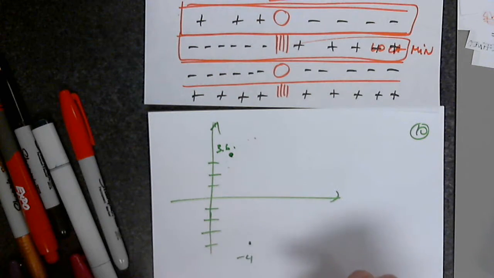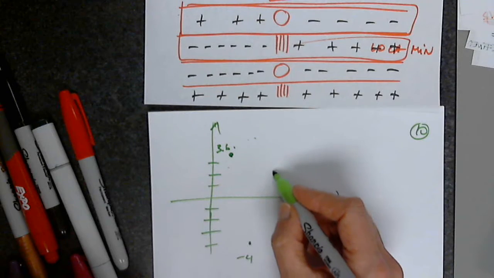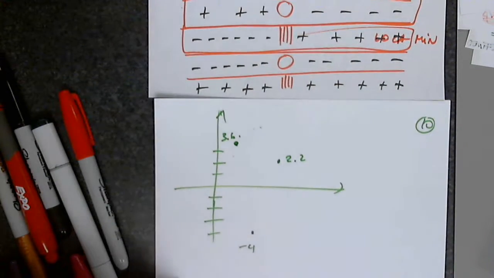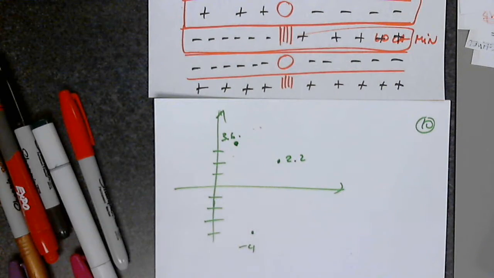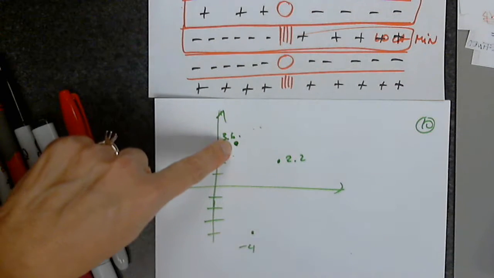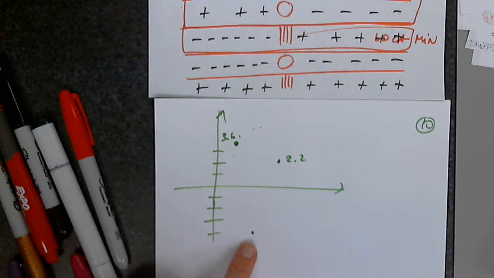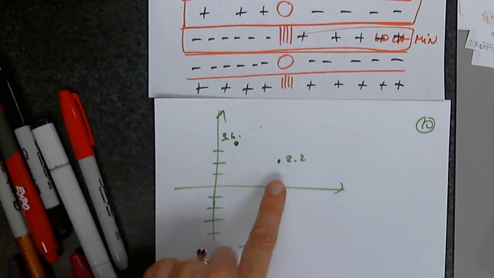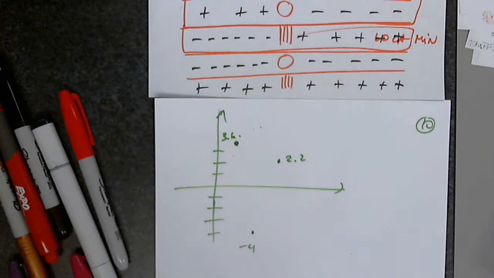This is at -4. And this is at 2.2. Again, I'm not graphing the function. I'm just plotting the heights. So the function at the leftmost point is here, somewhere is this value, -4, and somewhere else is 2.2.